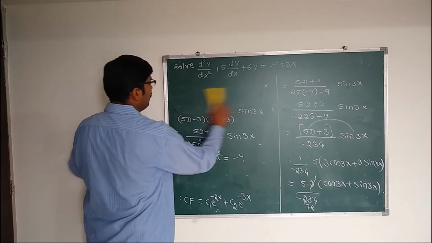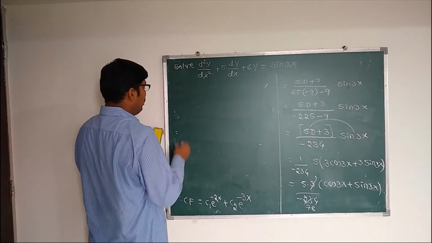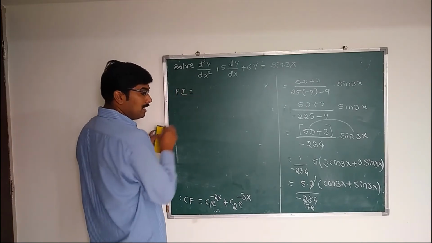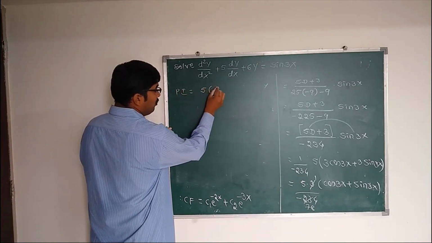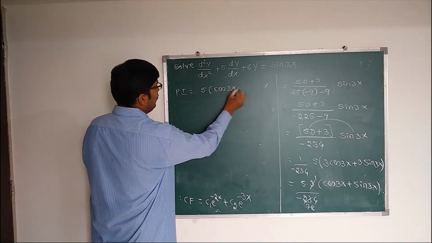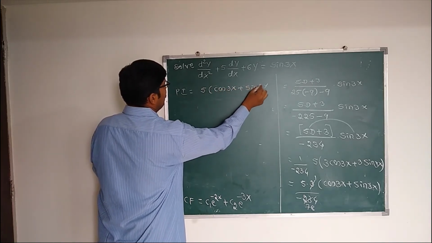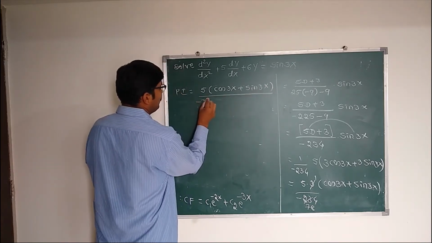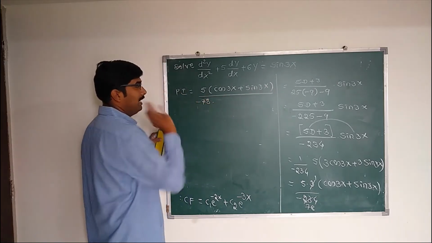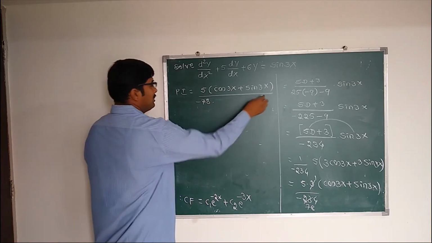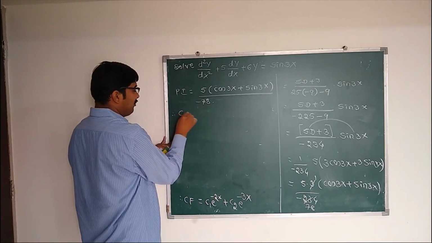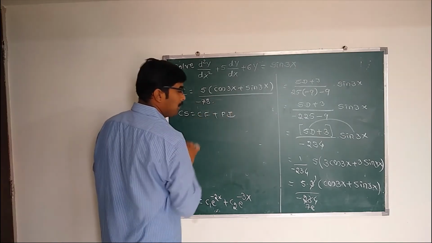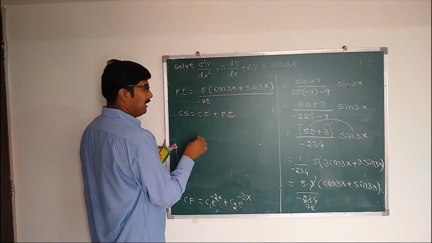So in total you will get the particular integral, which is 5 into bracket cos 3x plus sine 3x divided by minus 78. This is the particular integral. Therefore, CS is equal to CF plus PI.